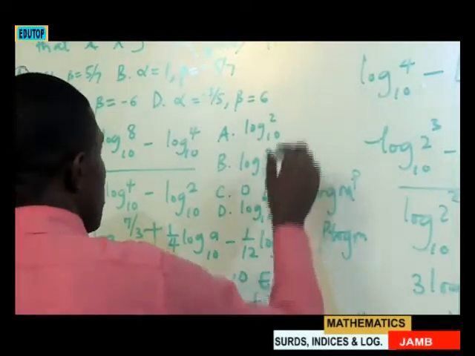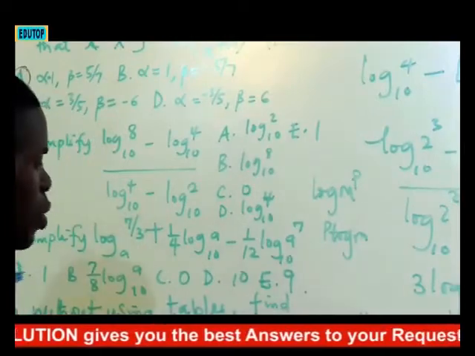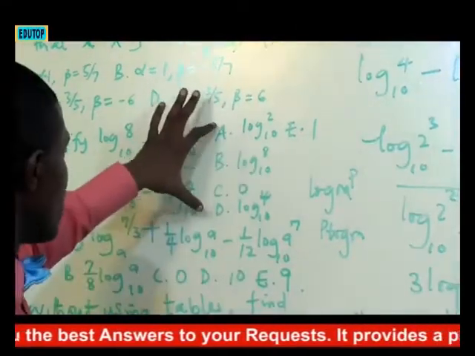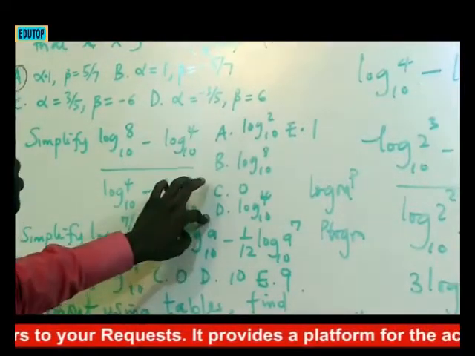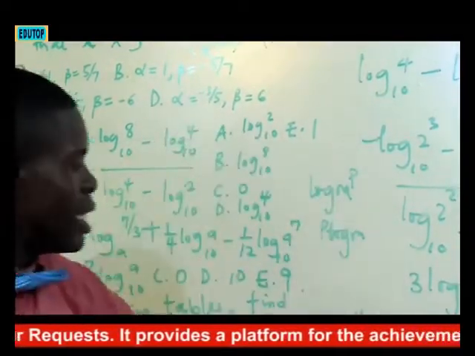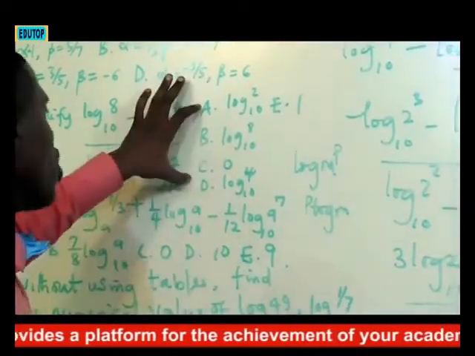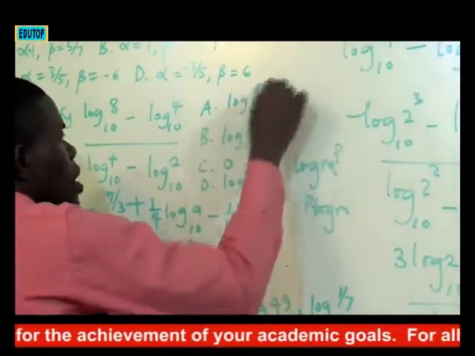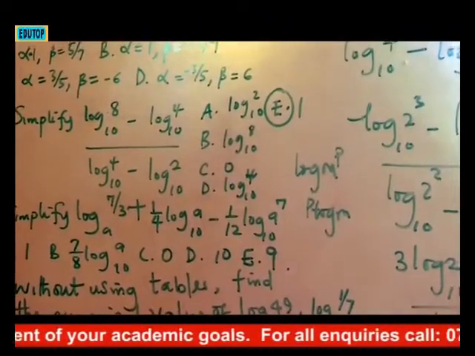Then option E definitely should be log 1, so 1 rather instead of 1. So if you are given 4 options like this, A, B, C, D, it means there is no correct answer in the options. But if E is included as 1, then option E will be a suitable option for that.